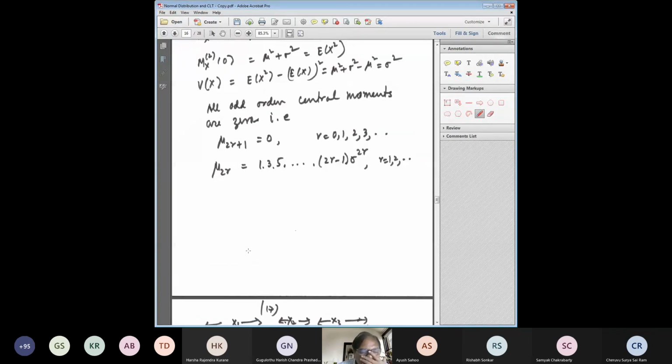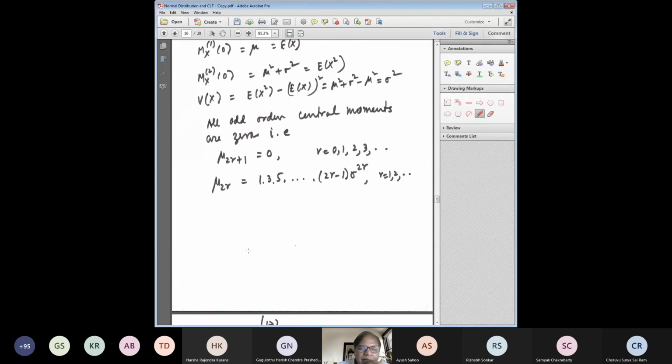Then another important property is the additive property. What do you mean by additive property? If you remember the geometric distribution and negative binomial: the sum x1 plus x2 plus x3 up to xr, if each is independent and follows the geometric distribution, their sum will follow the negative binomial.